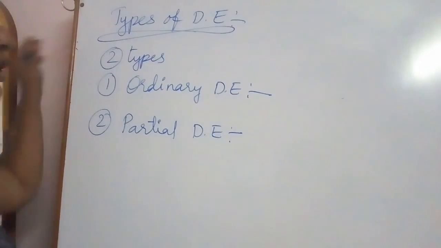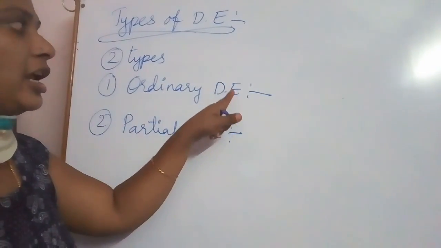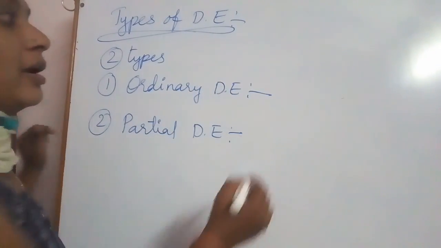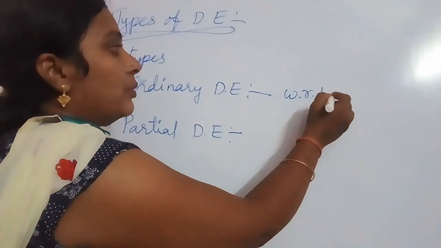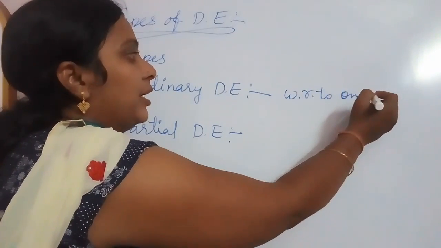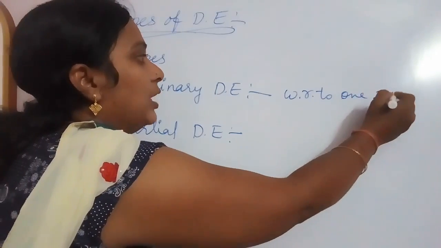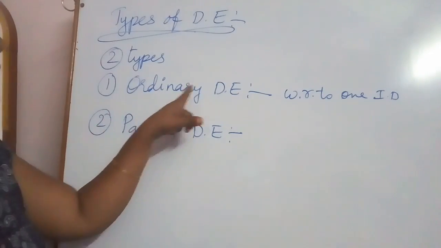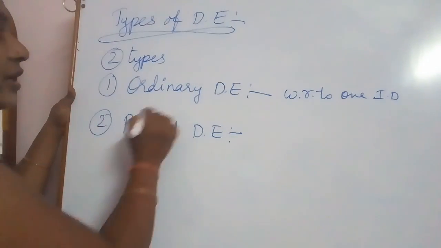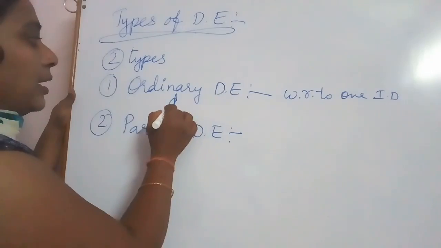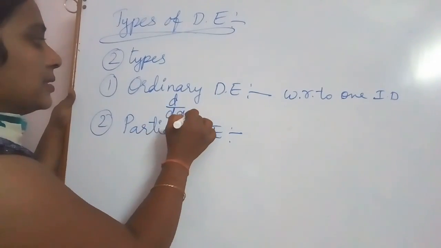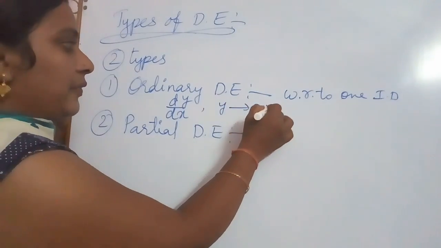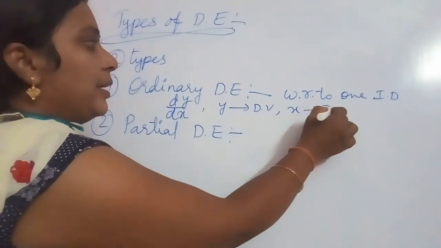Ordinary differential equation means an equation involving one or more dependent variables with respect to only one independent variable. Such an equation is called an ordinary differential equation. Generally, it is denoted by d by dx, or here dy by dx. In this, y is the dependent variable, x is the independent variable.